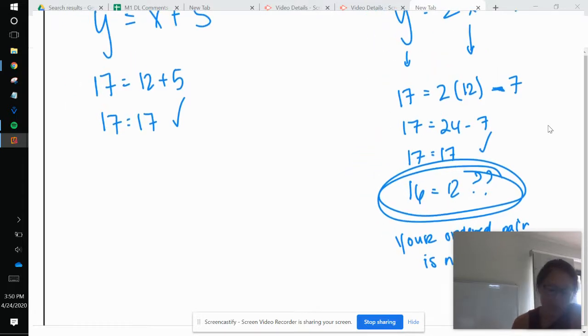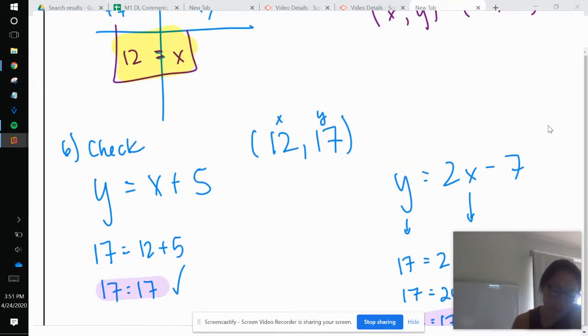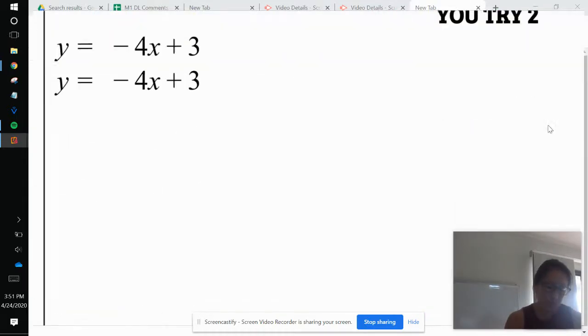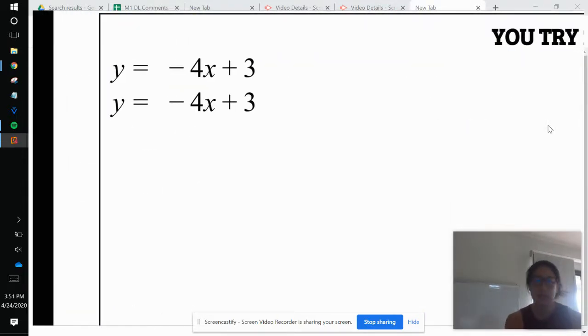But lucky for us, our two equations worked out, and so we know that 12 comma 17 is the solution to our system. All right, next one up. Step 1 is to isolate x or y in one of the equations, and it looks like they are both isolated. The second step is to substitute one equation into the other.